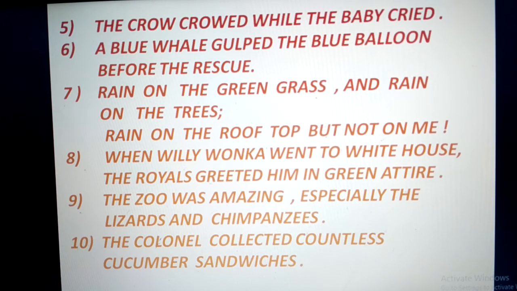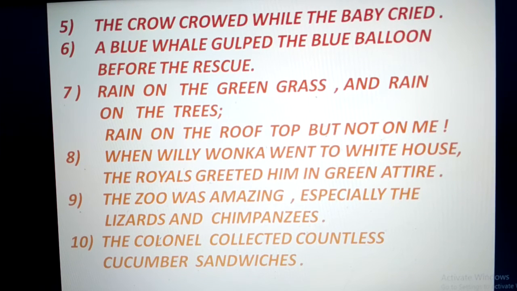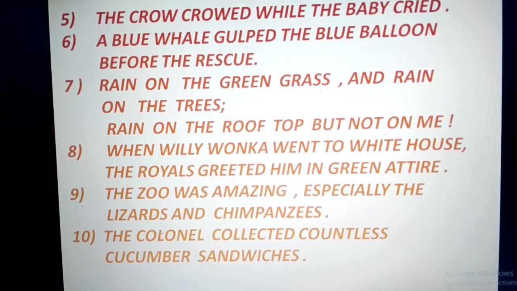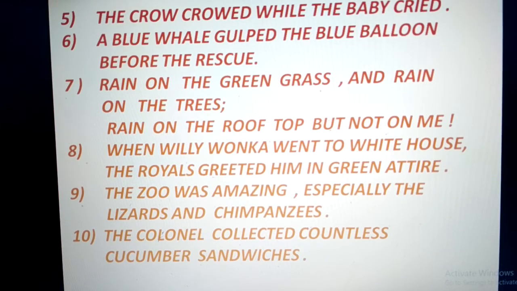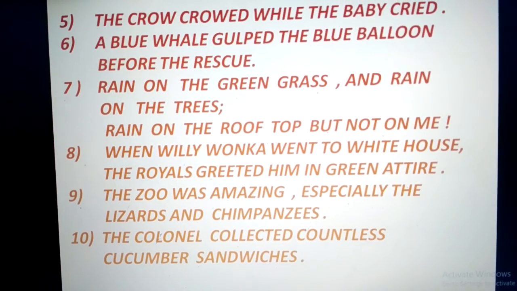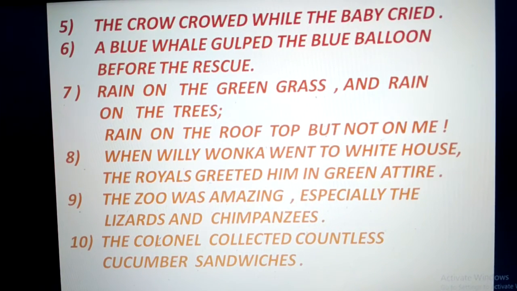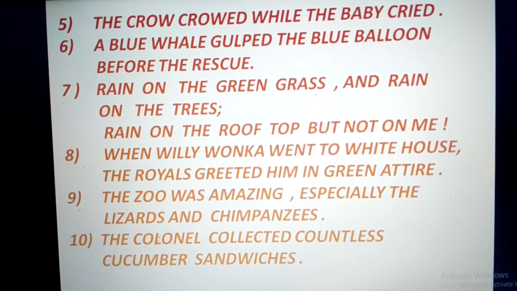Recall? No? See the next one. When Willy Wonka went to White House, the royals greeted him in green attire. Very obviously, the sound of the letter W and the sound of R are being produced.